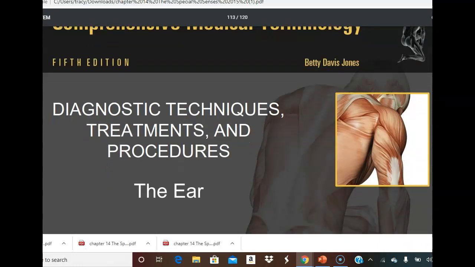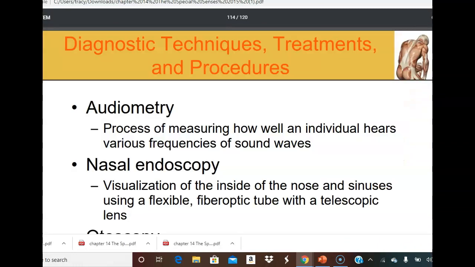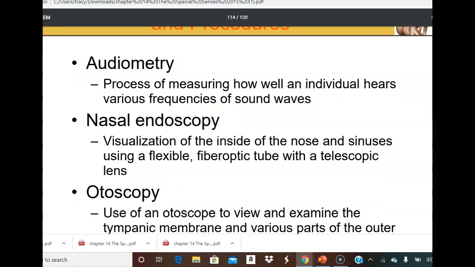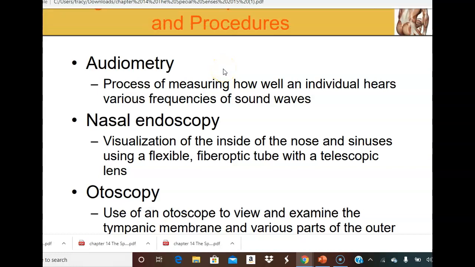Same thing here. There's a couple of things through here. Let me see what we got. I'm only going to go through a couple of these. So audiometry, this is an important definition. It's the process of measuring how well an individual hears various different frequencies of sound waves. This is your prototypical hearing test when you would go to school. They routinely test 4 and 5-year-olds.